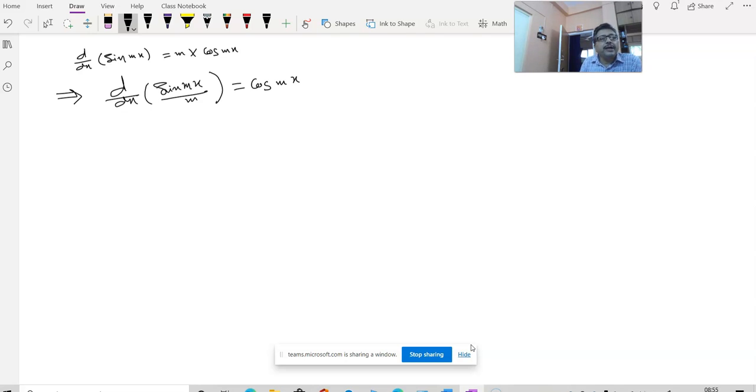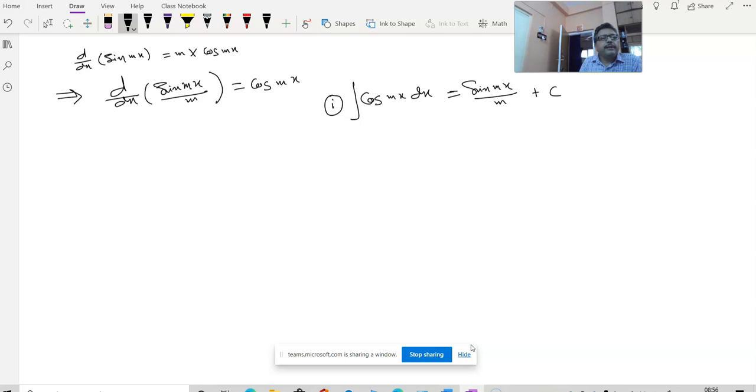But when you want to write this as a formula, the formula is going to be integration of cos mx dx will be sin mx by m plus c. Okay, this is our first formula. Integration of cos mx dx is equal to sin mx by m plus c.